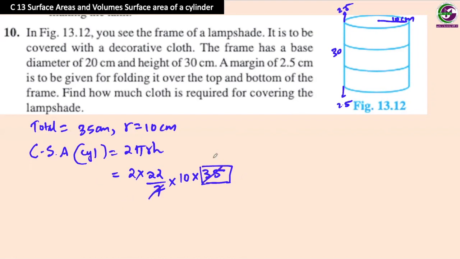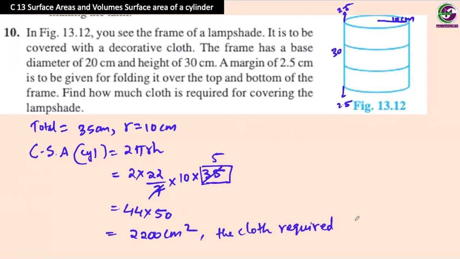Now simplify. So it will be 44 times 50, which will be 2200 centimeter square. The cloth required to make this covering is equal to 2200 centimeters square.